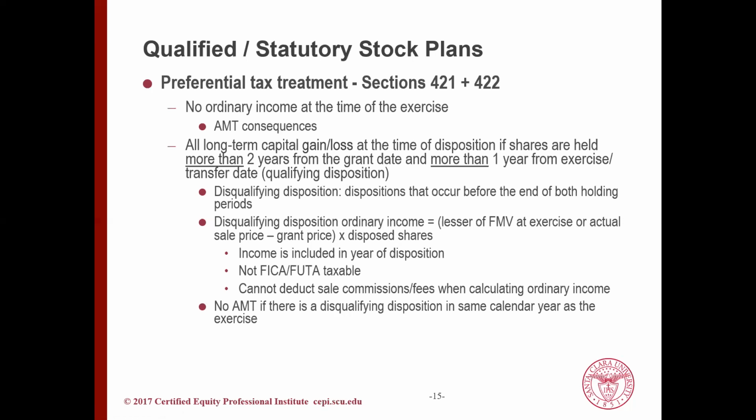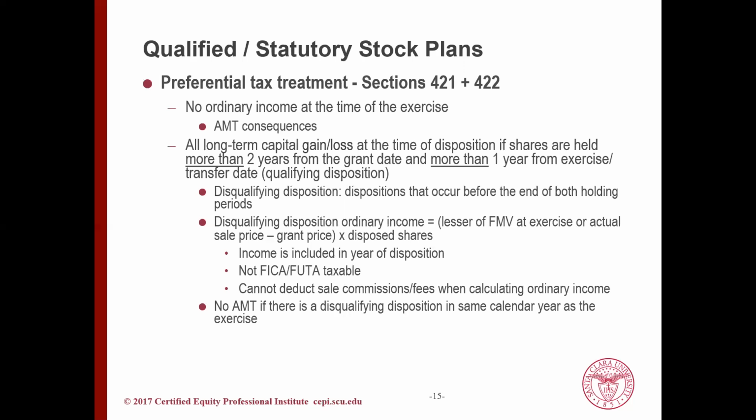There is no ordinary income for ISOs at the time of exercise, but the spread at exercise is a preference item for AMT, so need to make sure to consider that. If the holding periods are met for an ISO, the gain at disposition at sale is long-term capital gain. If the holding periods are not met, the fair market value at exercise less the grant price is ordinary income.